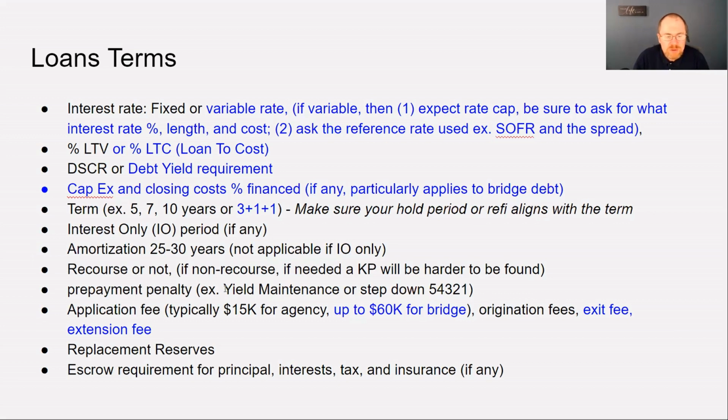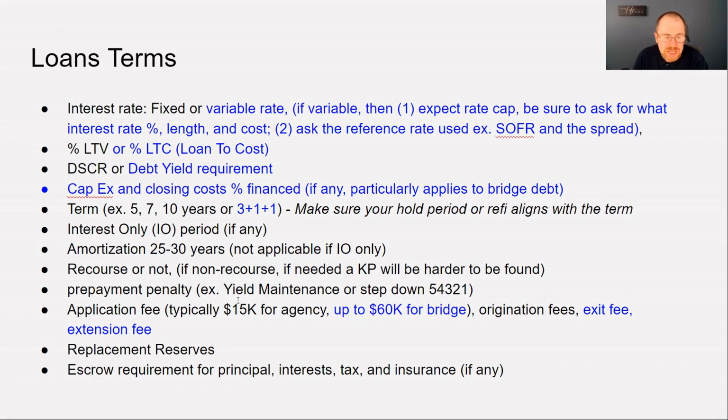So if you're going to look for somebody to sign the loan with you, and that's a topic coming up in a second, that's a difference that may be important for them in deciding whether to join as a key principal or not. With non-recourse, they will be more inclined to join the deal.